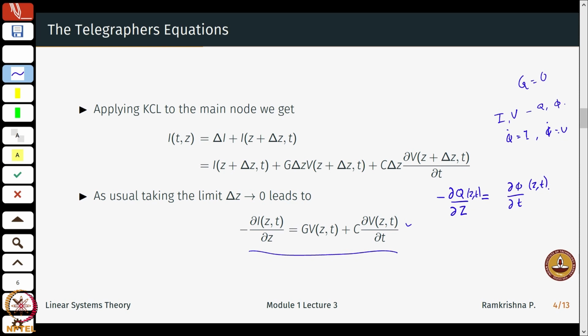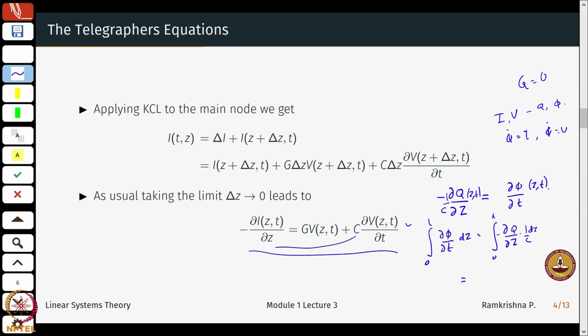Now, if I integrate this over the spatial domain, from say 0 to L, again dz, this will have a 1 over c, so this goes here, times 1 over c.